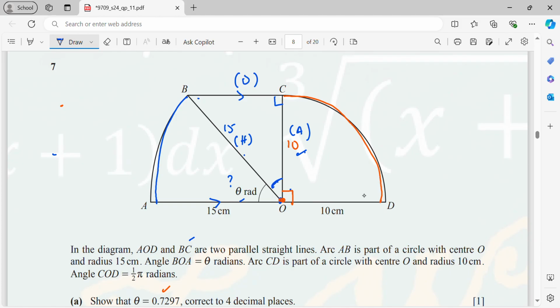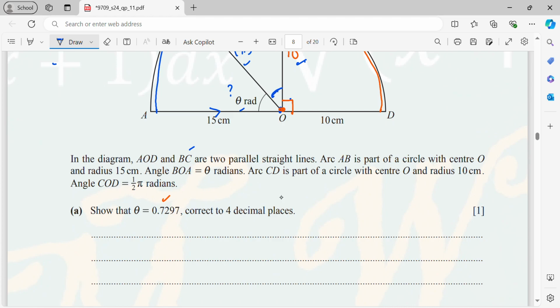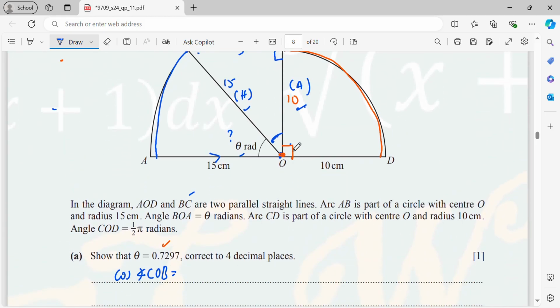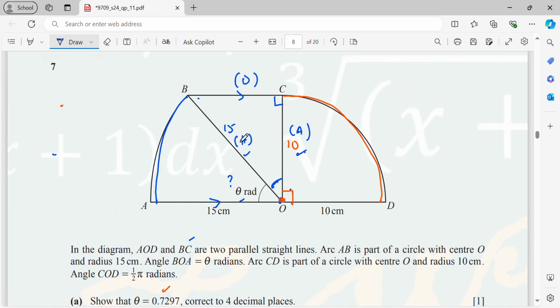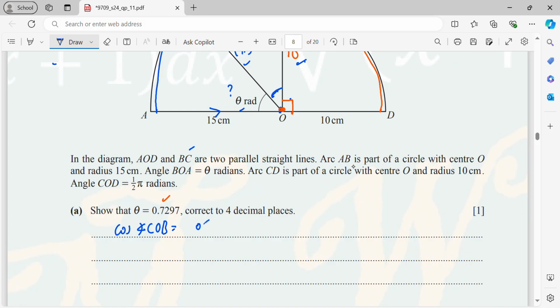You are given adjacent and hypotenuse. Therefore, I can just use cos to find COB before I get the theta. So cos angle COB equals adjacent over hypotenuse, that is OC over OB, 10 over 15, which is 2 over 3.